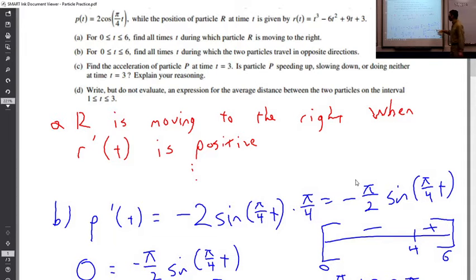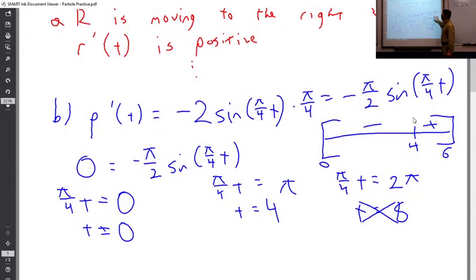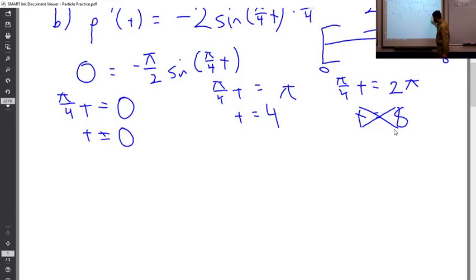All right. Finding acceleration at 3. So find the acceleration of particle P at time t equals 3. Well, here's the first derivative, but for acceleration, I want the second derivative.